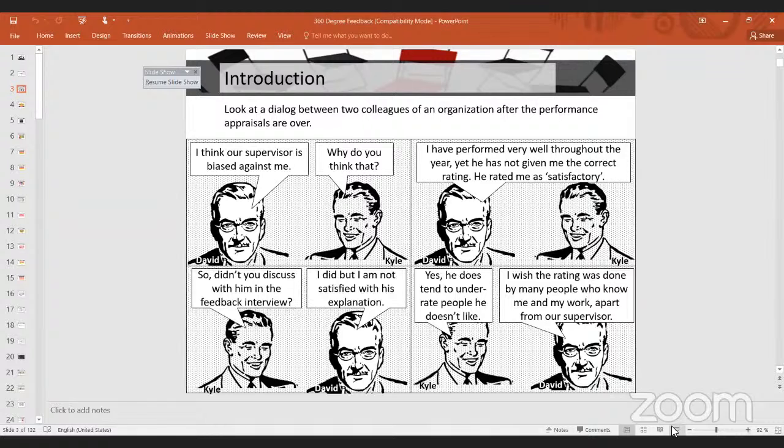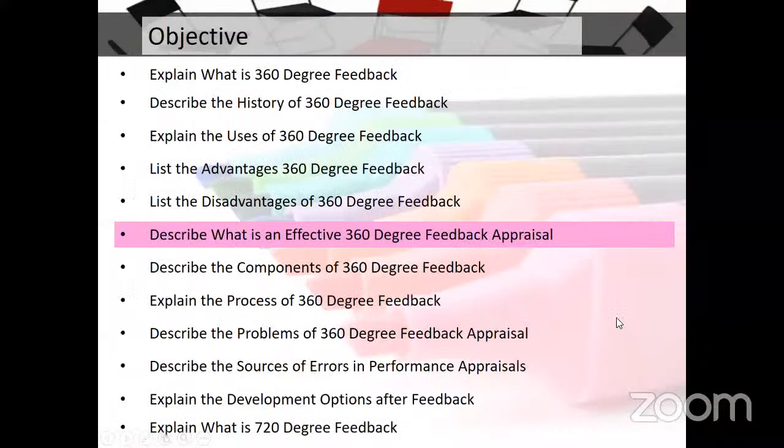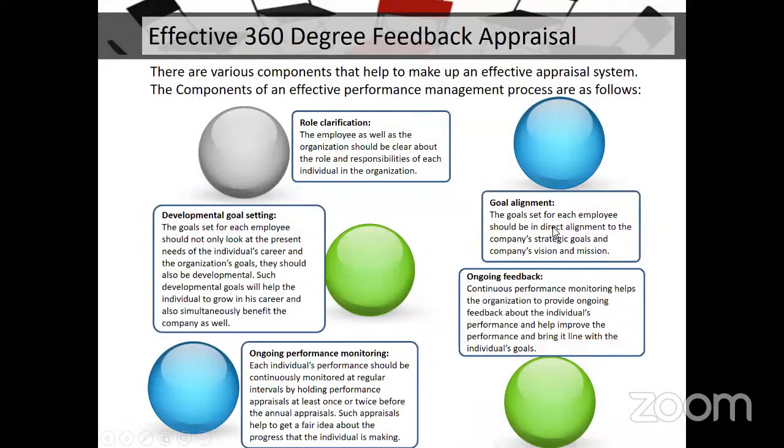Now there's some movement on your screen. You can see the objectives? Yes, now we can. Thank you so much. I'm sorry, I assumed you were seeing it moving because on my screen it was moving. So you can now see the role clarification, the goal alignment. Perfect, yes. Thank you so much. In case it disappears again, just give me a shout.